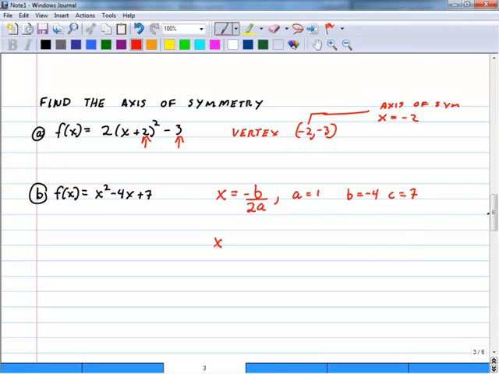So I just plug them in, and I get negative negative 4 over 2 times 1. So then we end up with negative negative, which is positive, 4 over 2. We get an axis of symmetry at 2. So x equals 2 is the axis of symmetry.